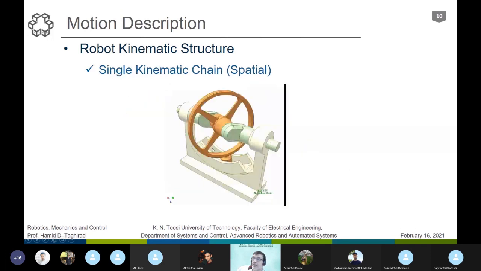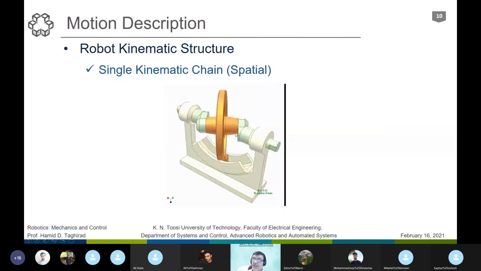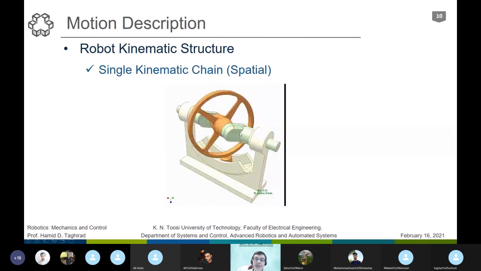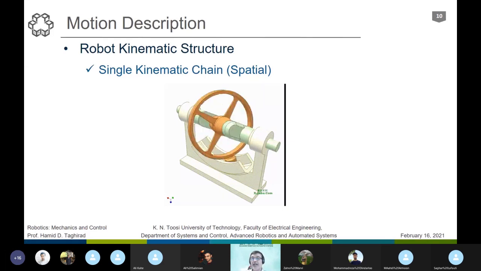Sorry. It doesn't want to stop. But as you see, the joints are not perpendicular to each other. They have some angles and offsets. With adding some twist angles and some offset, we can have an out-of-the-plane kinematic chain.